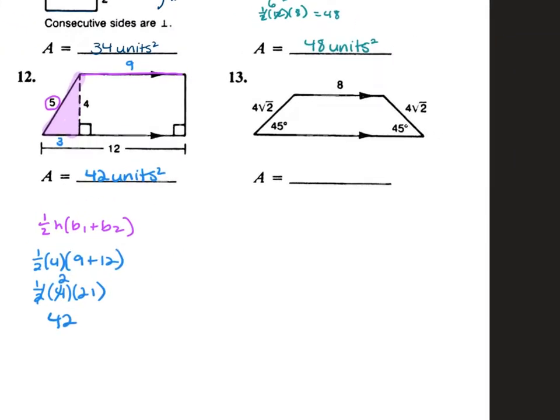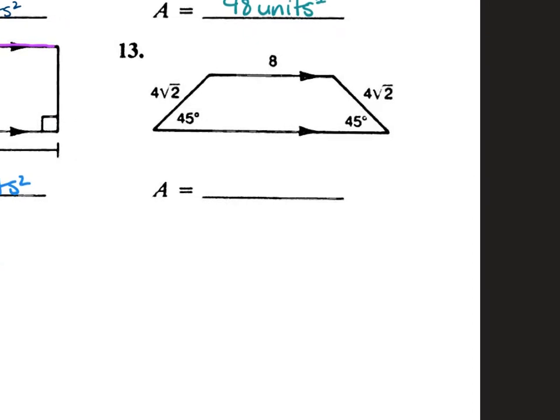All right, and then 13 is also a trapezoid. This time it's isosceles because these two are the same. So I'm going to drop these sides down, and I would know that from there to there is 8. And then I have to use this 45, 45, 90 triangle to find the height and the base. So if this is A root 2, then A root 2 equals 4 root 2.